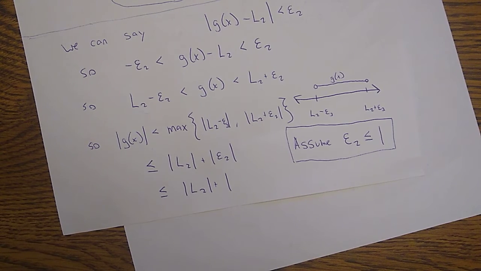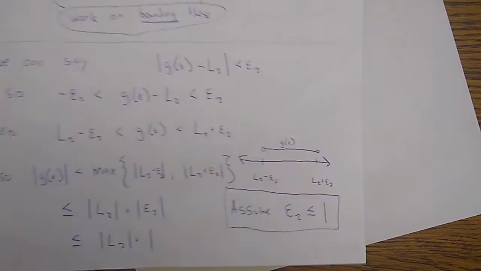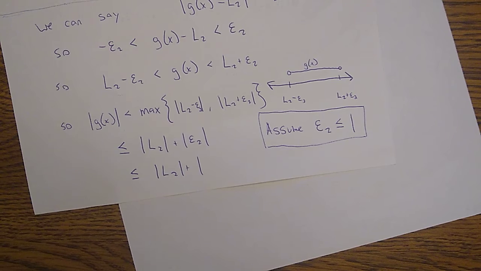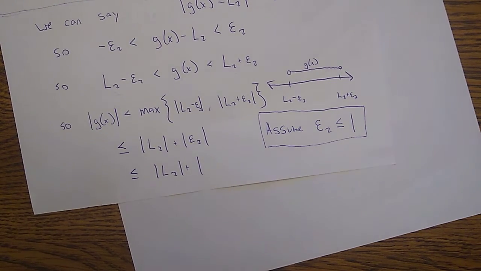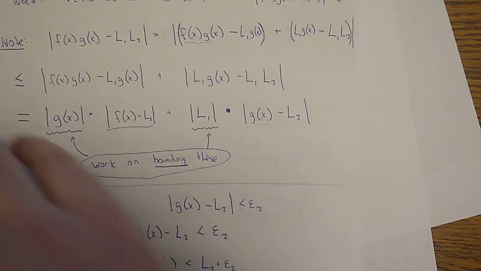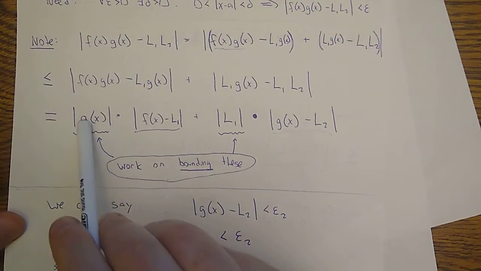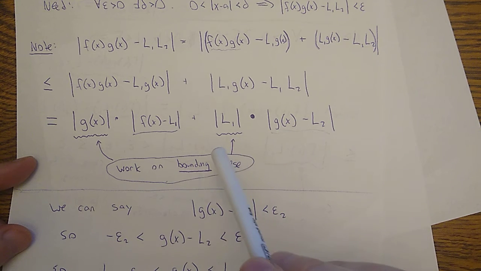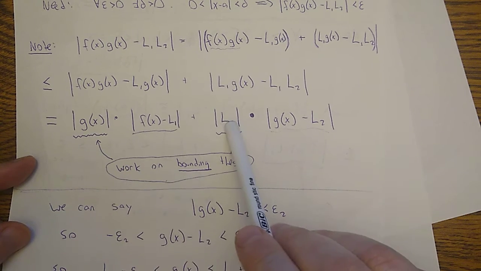Okay, so where are we now? I might need more scratch paper. We were here, and I decided to start working on bounding these two numbers, g of x and L1.